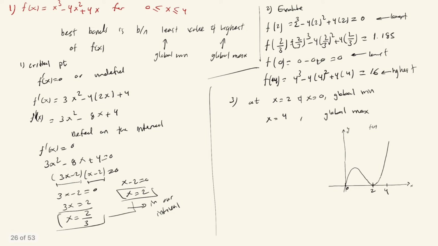This is what we found in step number 2. And then we have a local maximum at 2 over 3. Now at 4, remember the value of the function is 16.